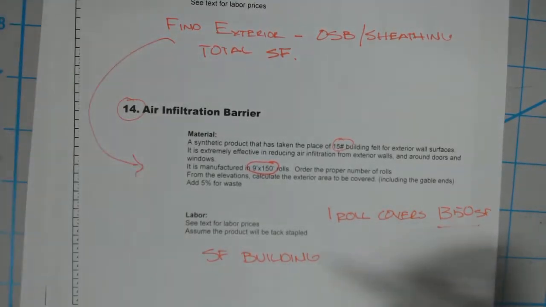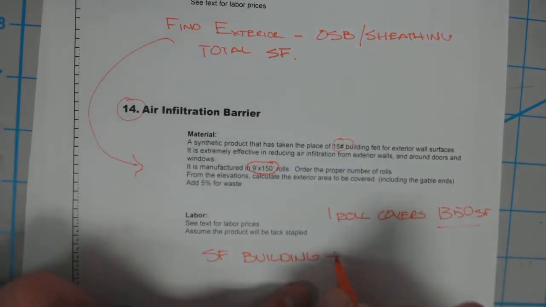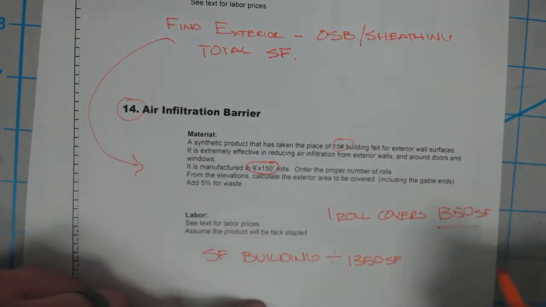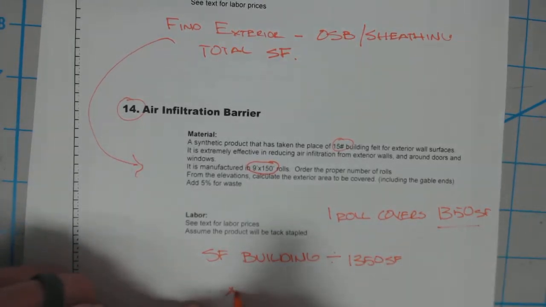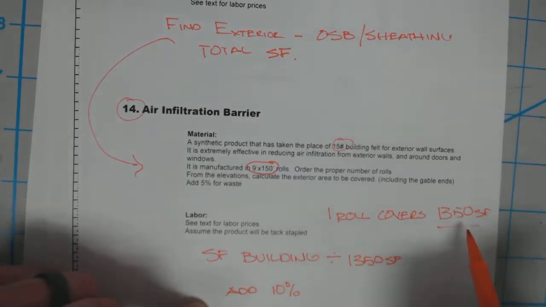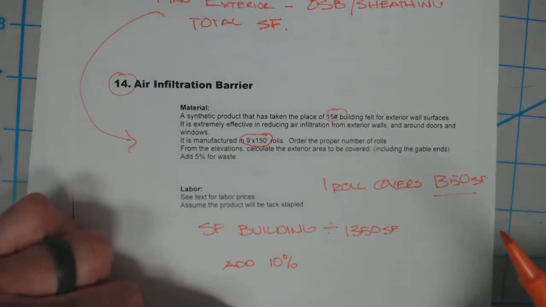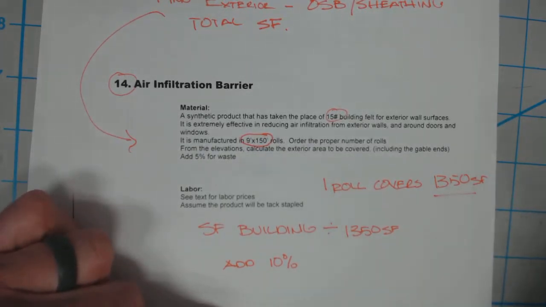So you're going to take the square foot of your building, divide by 1,350 square feet, and then we're going to add 10%. Because we do have a lap allowance, we've got to have 6 inches of lap at the corners. We'll have to have a lap from the gable end, at least a 4-inch lap from the gable end down to the wall.